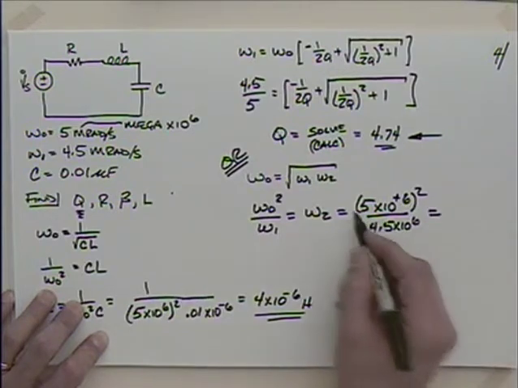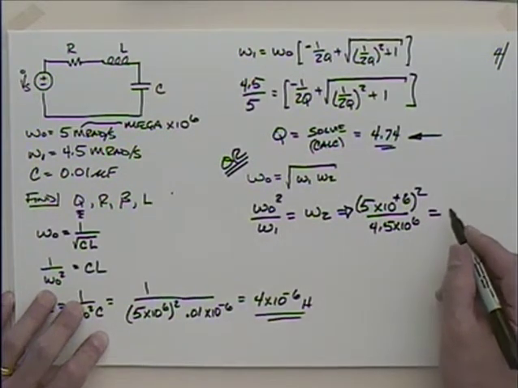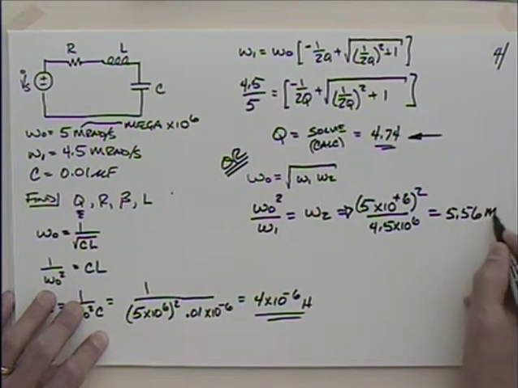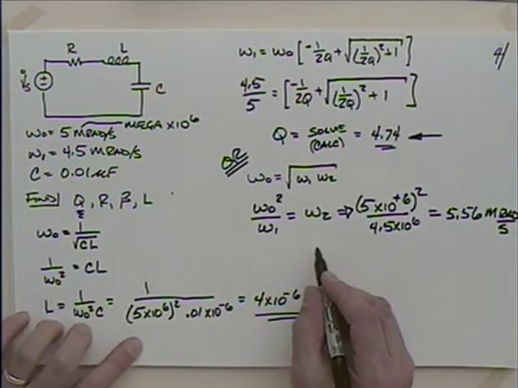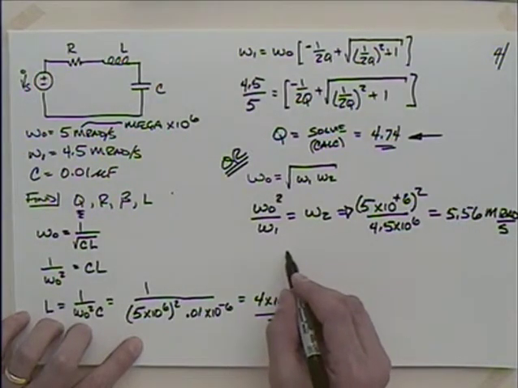And this turns out then to be equal to 5.56 mega radians per second, which seems about right. And then my game plan on that, and I don't know if this is what others were thinking about.